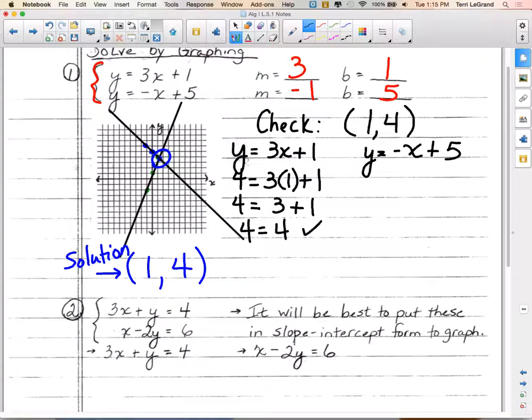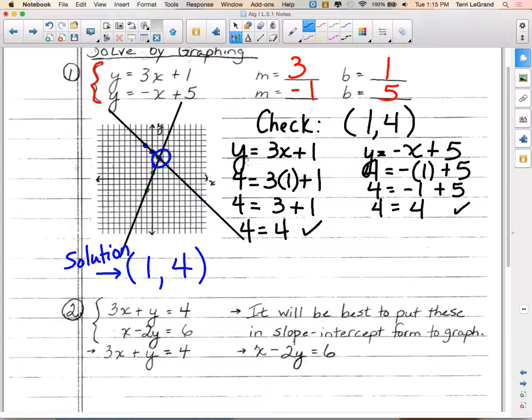Okay, and then we do the same thing in the other equation. It has to make this one true also. It can't just make one true and you say, oh, good enough. It has to make both of them true. So 4 equals negative 1 plus 5, because that negative sign was not part of the x. What's negative 1 plus 5? Happens to be 4.